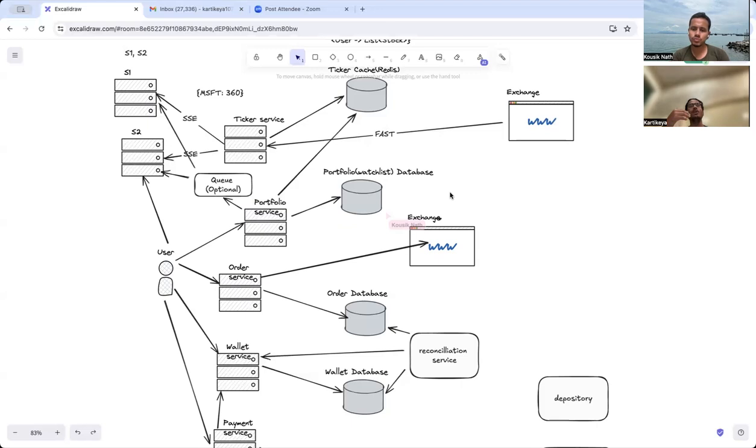So maybe today user one's data was on DB1, and tomorrow it was migrated to a newer server we added. That is dynamic partitioning. In relational databases, dynamic partitioning is not so easy. You can go ahead and try to build it, but that kind of defeats the purpose of using a relational database, because among these partitions you cannot guarantee the ACID properties, but you can still do that.